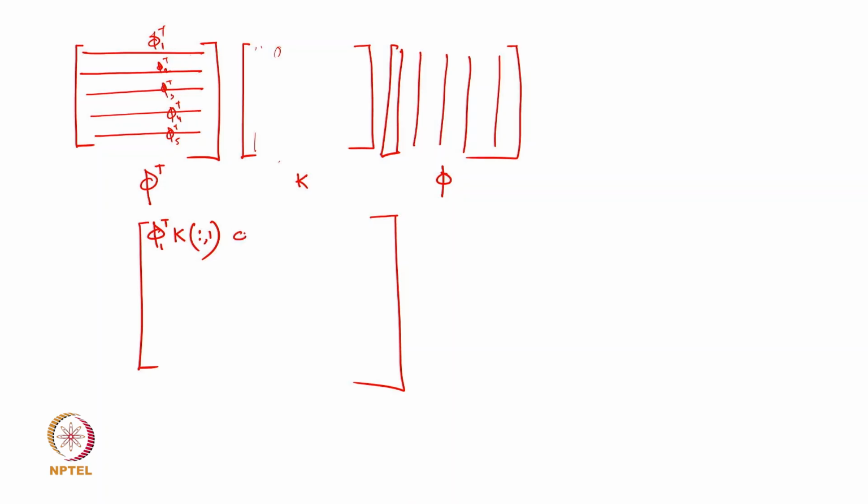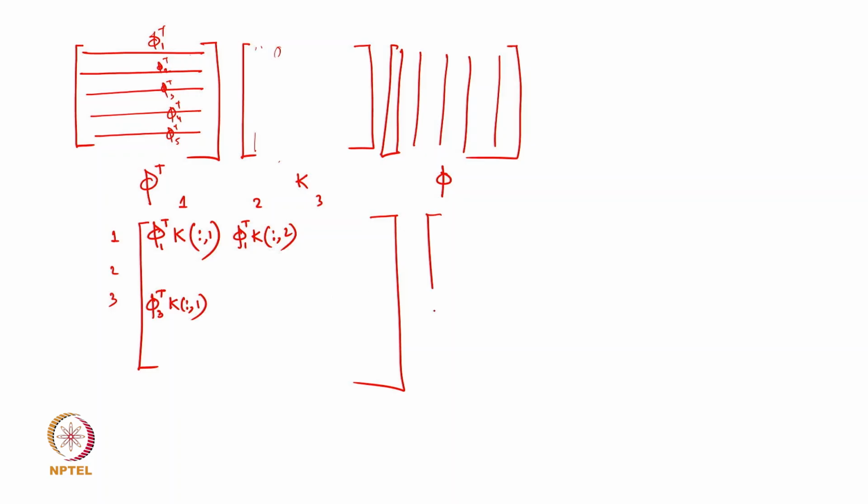Okay, then if I put that on K colon comma 2, that is full row but second column. So these are like 1, 2, 3, like this way this will be split. And here if I see 1, 2, 3, so for the third, if I put phi 3 transpose K colon comma 1, like this way this thing will come.